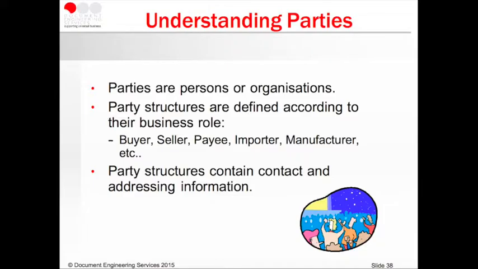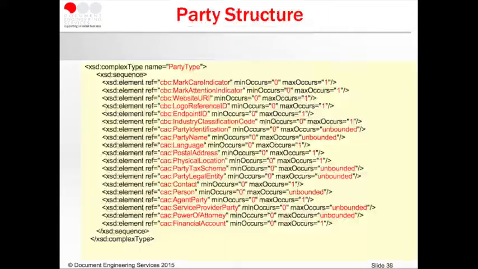They can be buyers, sellers, importers, payees, manufacturers, freight forwarders. The party structure itself contains information regarding addresses and locations and contexts and tax details. We'll have a look at some of those in a minute.